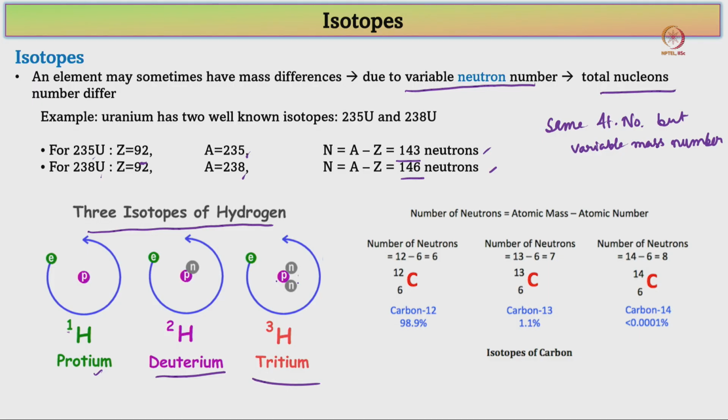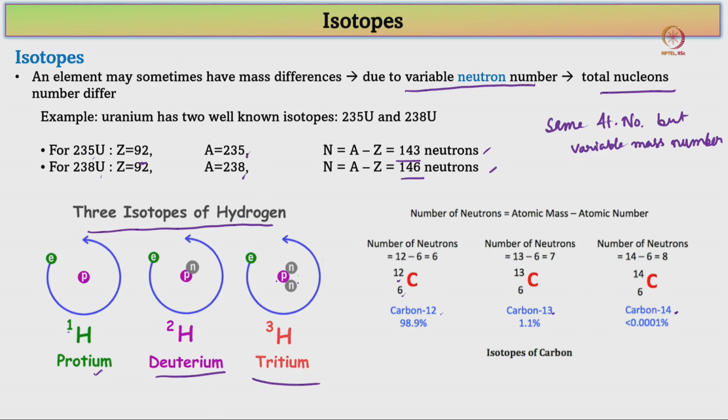Same for carbon: with atomic number 6 and mass 12 it is carbon 12, then we have carbon 13 and carbon 14, with different abundances.